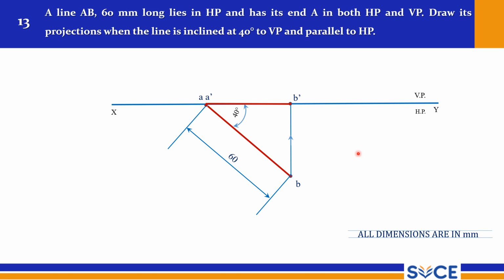And there ends the simple cases of lines. We have seen a wide variety of problems. Please practice all these problems. It will be very handy to understand the next type of questions, when the line is inclined to both HP and VP.